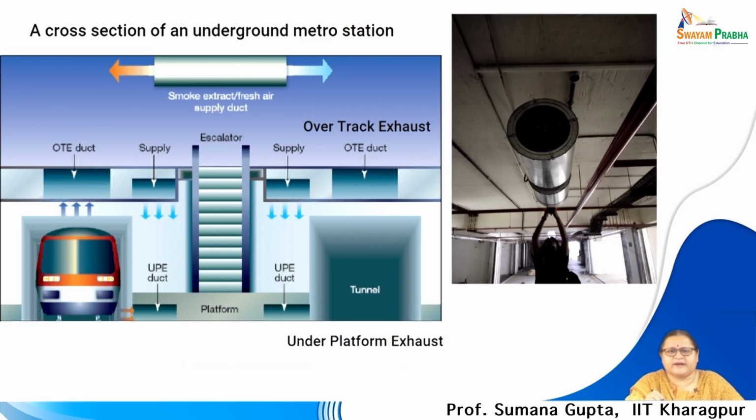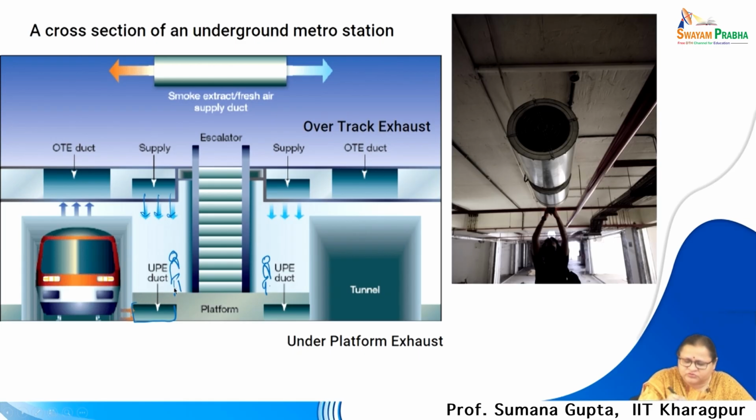Now, coming to the track area, you see there is a tunnel, these are the two tunnels through which the train is moving, and you see where people are standing is this zone, but under that also you see the supply air is coming from the top and discharged in this particular area.